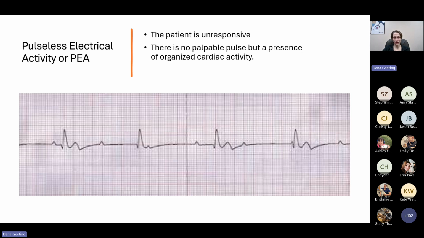It could be normal sinus, it could be V-fib, it could be a random escape beat. You're going to see something on there, but your patient is already dead. You're not going to be breathing. You're not going to be moving, have pulses, anything like that.